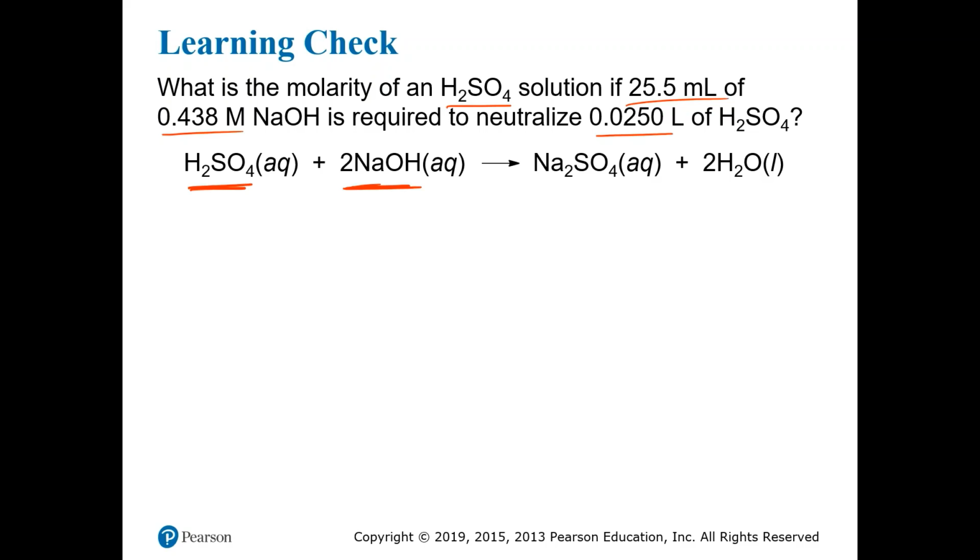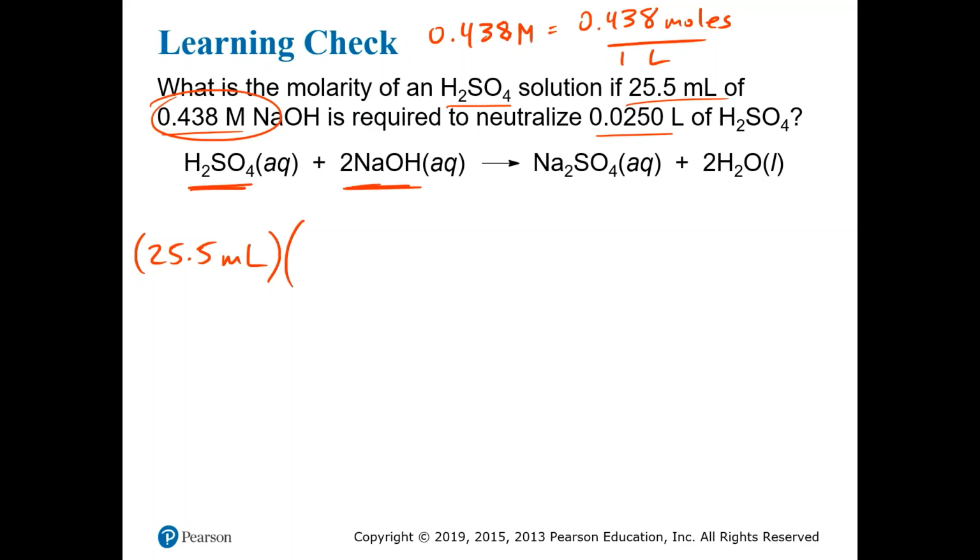So starting from the known substance, the base, we have 25.5 milliliters of the base solution, and we're going to multiply that by the concentration, which allows us to convert between liters and moles. 0.438 molar equals 0.438 moles per liter, which is really 0.438 moles of sodium hydroxide per 1,000 milliliters.